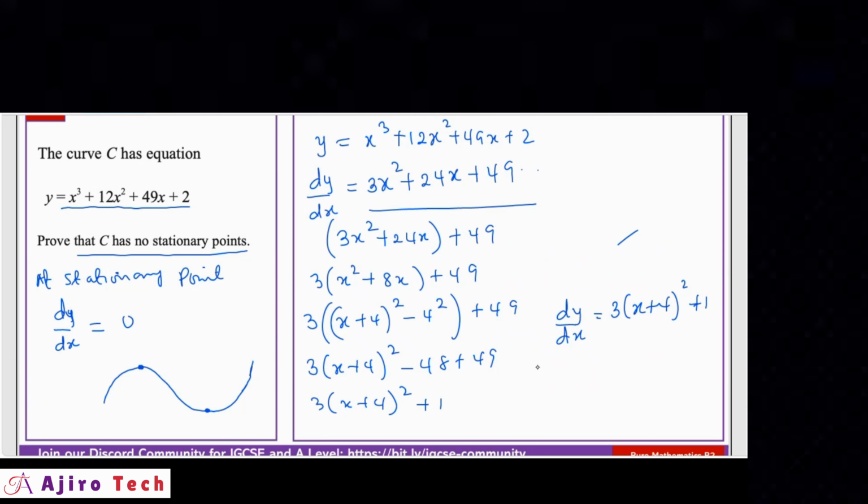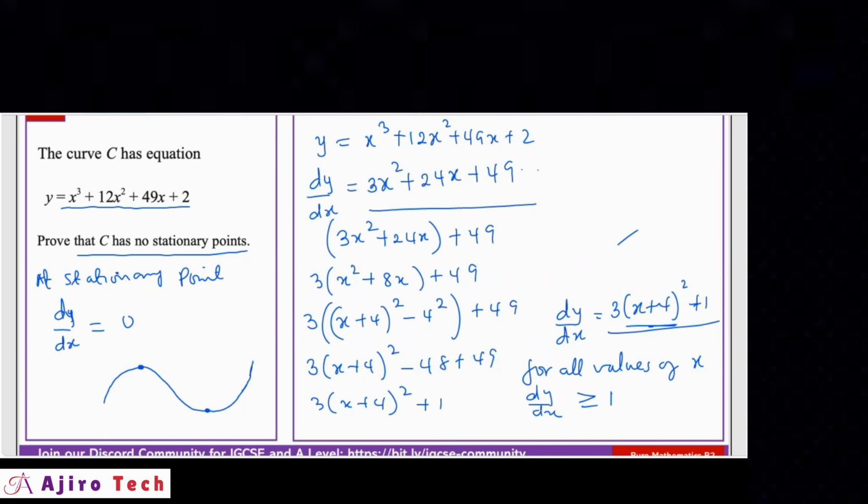For all values of x, dy/dx will always be greater than or equal to 1, because that's the range. Because this will always be positive and we have to add that to this.